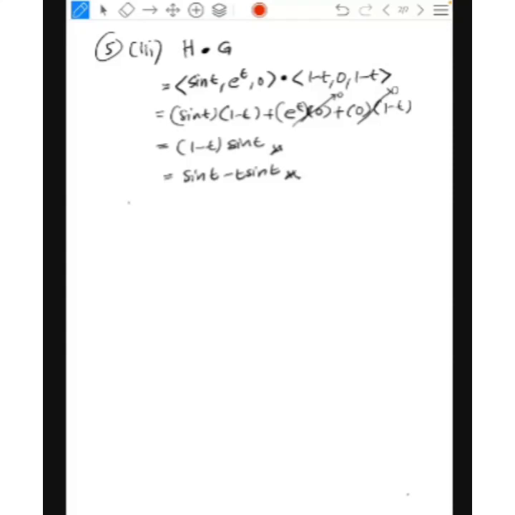Okay, and then question number 4. Whenever you do operations, not only vectors, ordinary operations too, okay, you have to do the bracket first. Okay, the bracket comes first. Means here, you have to do the cross product first, then you do the dot product.